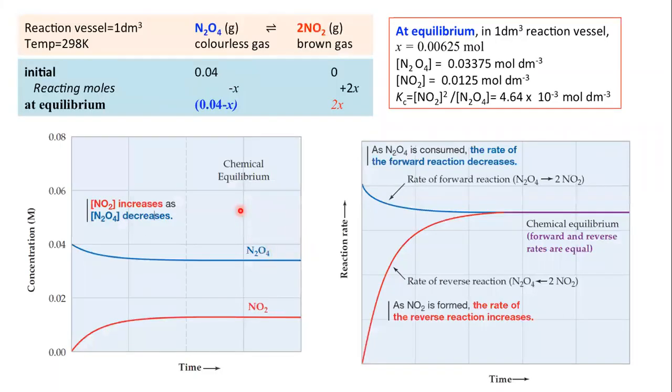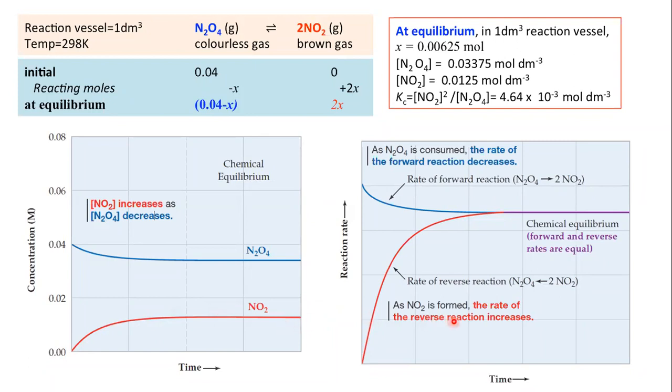We can write the equation using this arrow, telling us that this system is at equilibrium. So the forward reaction and the reverse reaction are occurring at the same time. Graphically, we can use this to demonstrate. The blue curve tells us N2O4, which is a colorless gas, is being converted to NO2. At the same time, NO2, which is a brown gas, is being converted back to N2O4.